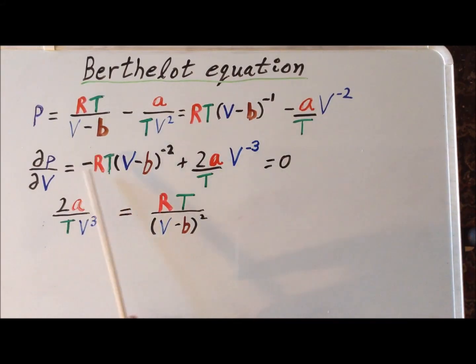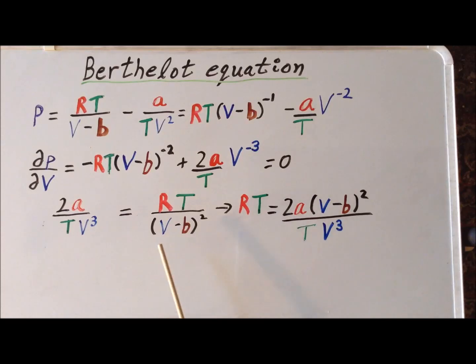So now we can add a positive RT, the quantity v minus b to the minus 2 power, to each side, and instead of writing things as negative exponents, now we'll simply write them as fractions, because that is easier when we are doing algebraic manipulations. To get 2 times a over T v cubed equals RT over the quantity v minus b squared.